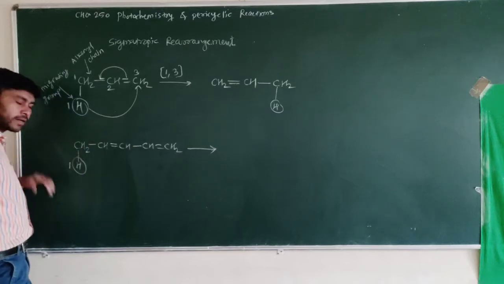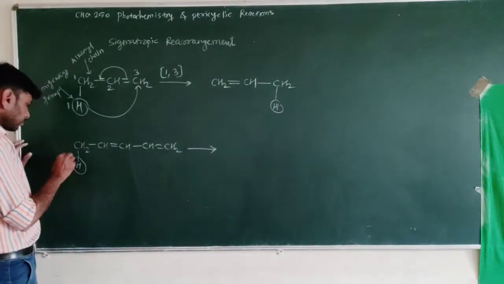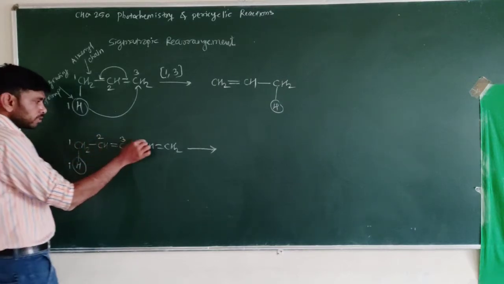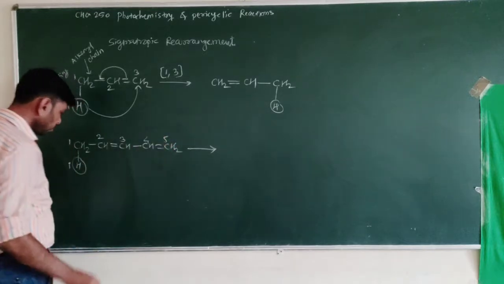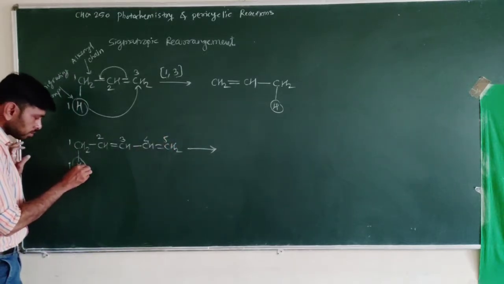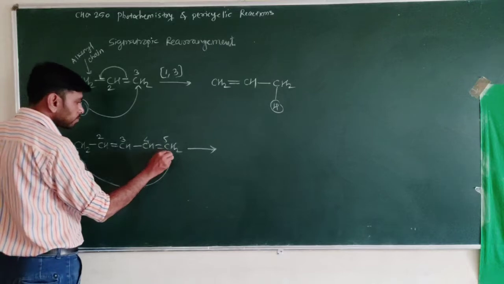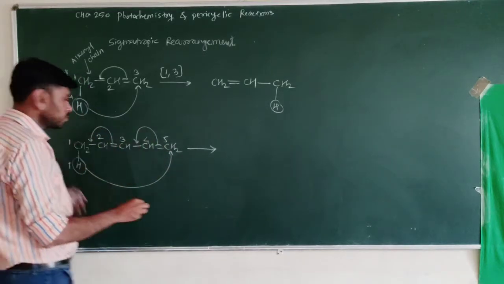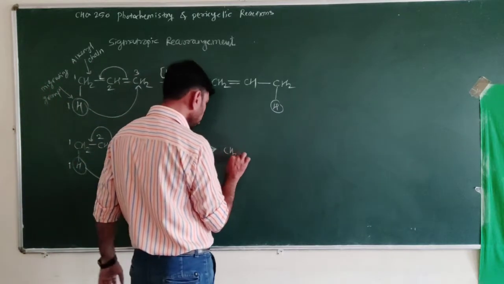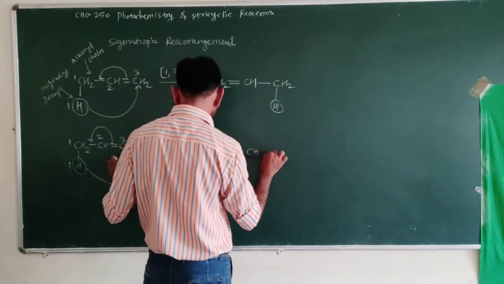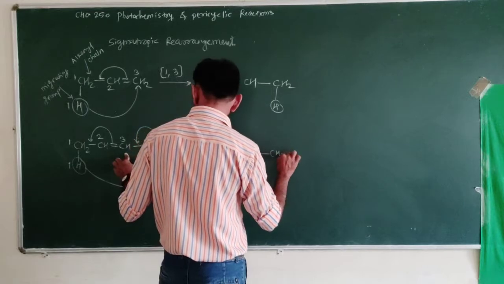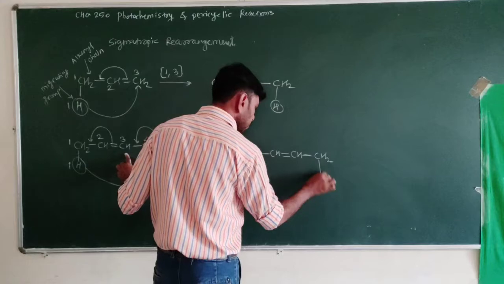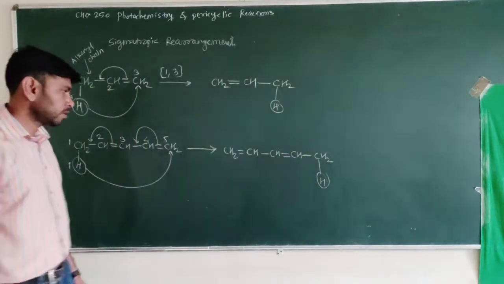So start numbering from the migrating group. It is number 1. This is again number 1. This alkenyl chain: 2, 3, 4, 5. Okay. So this migrating group transfers from position 1 to position 5. So we obtain the product CH2 double bond CH, CH double bond CH, CH2 and this migrated atom, hydrogen.